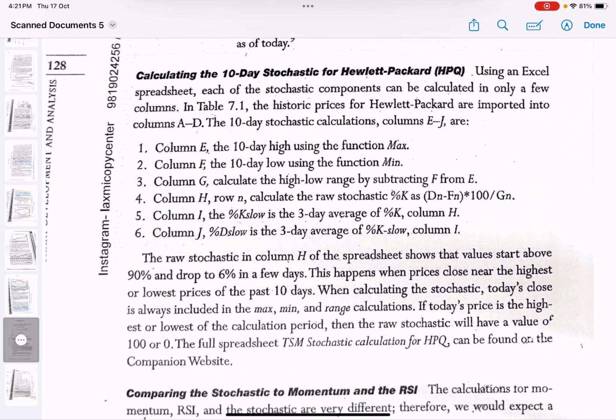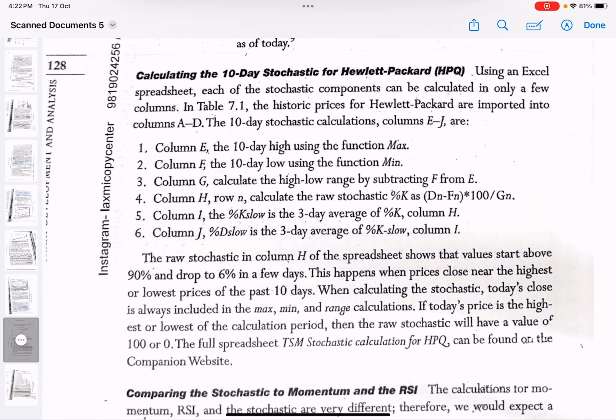Calculating the 10-day stochastic for Hewlett-Packard, HPQ. Using an Excel spreadsheet, each of the stochastic components can be calculated in only a few columns. In table 7.1, the historic prices of Hewlett-Packard are imported into columns A to D. The 10-day stochastic calculations, columns E to J: column E is the 10-day high, then the maxima and minima, and then you find the high and the low range like we discussed, and then you find the K%, the D% and the slow D%.